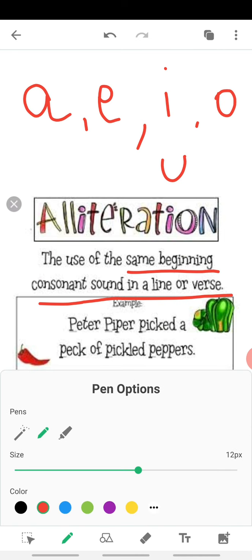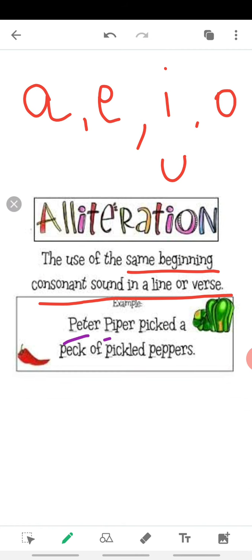Can you see this line over here? Peter Piper picked a peck of pickled peppers. The P sound is repeated at the beginning in a line or a verse. So this is called alliteration.